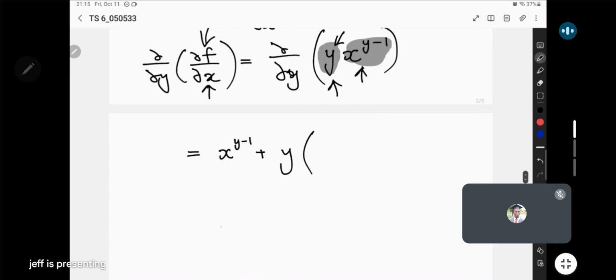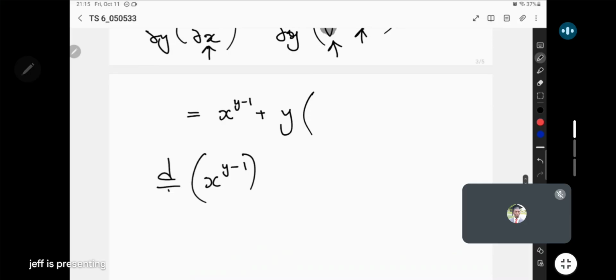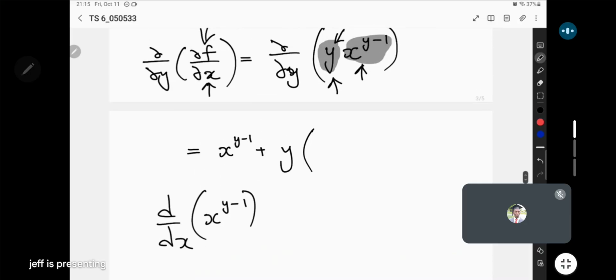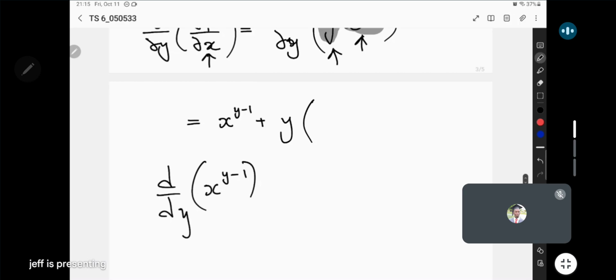How do we differentiate x to the power y minus 1? This is with respect to y, so you have to somehow view x as a constant, as just some real number.